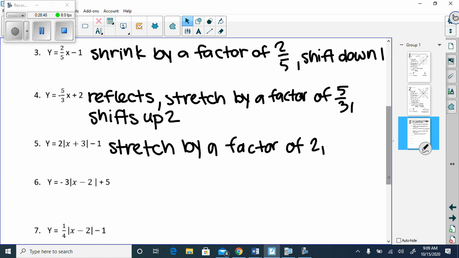So what is inside the absolute value going to do? Move it left and right, and it's opposite of what it says. So it says +3, so you would think that would mean to the right, but it's really going to go to the left. And then that negative one on the end is going to shift down 1.